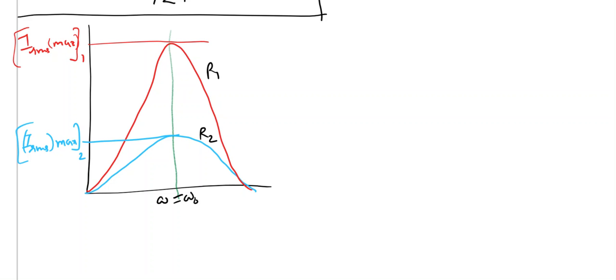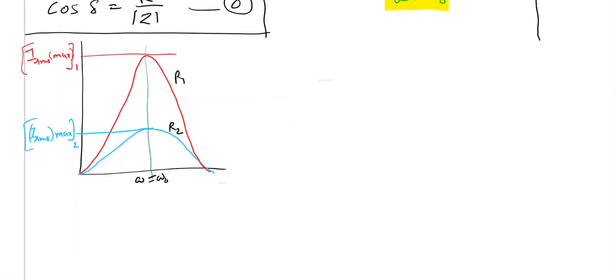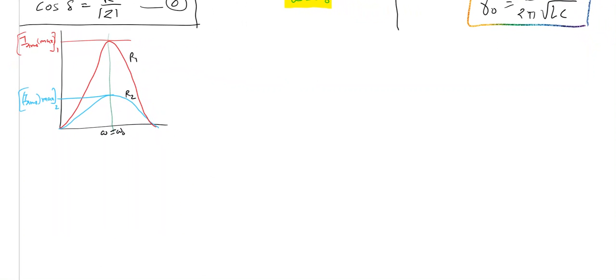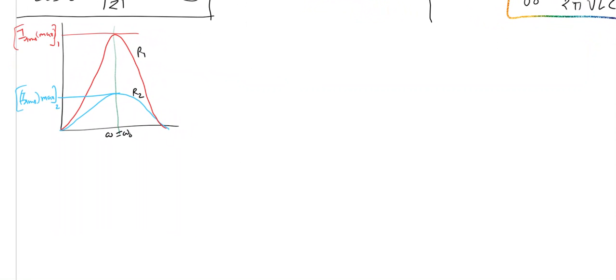But apart from that, if we consider power in this circuit, we know that power is I square R, and hence power is directly proportional to I square. So I can say that maximum power is proportional to IRMS maximum value squared.